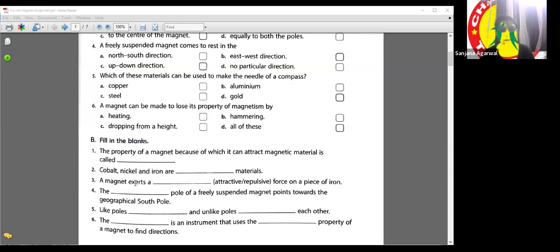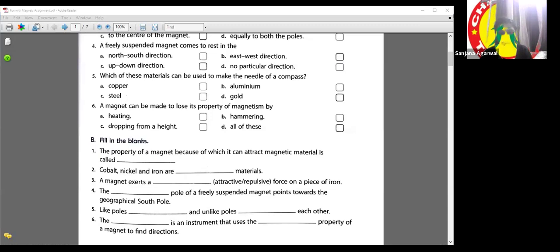Fifth, like poles dash and unlike poles dash each other. Repel: like poles repel, unlike poles attract. Okay.